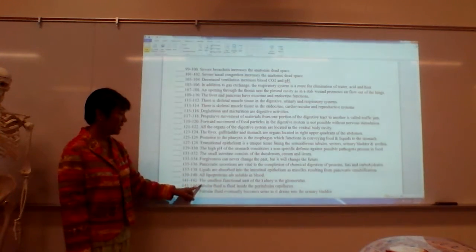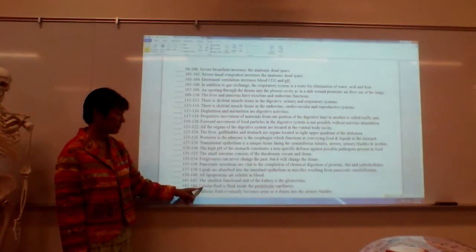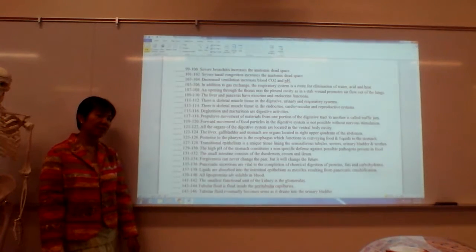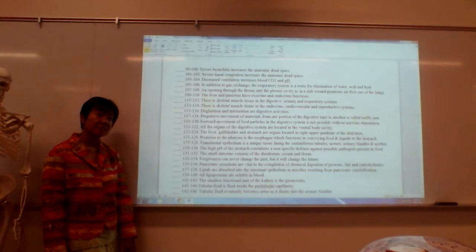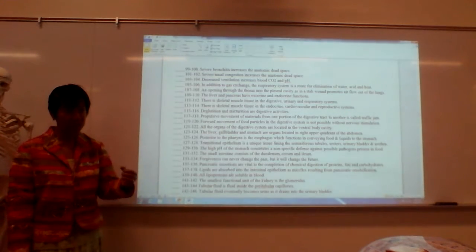All of it. The smallest functional unit of the kidney is the glomerulus. False, it is the nephron. Tubular fluid is fluid inside the peritubular capillaries. Tubular fluid is fluid inside the kidney tubules.